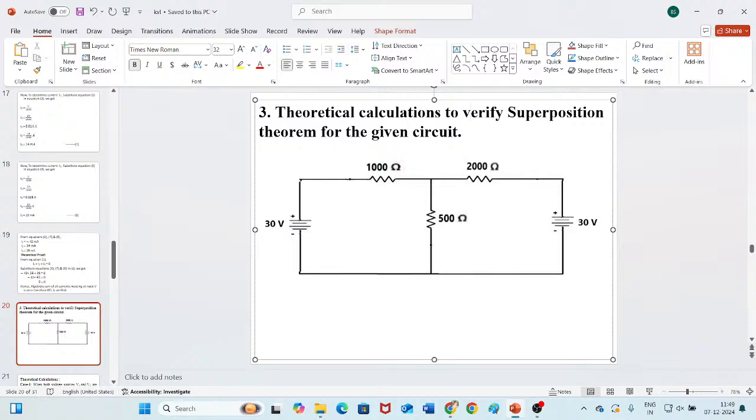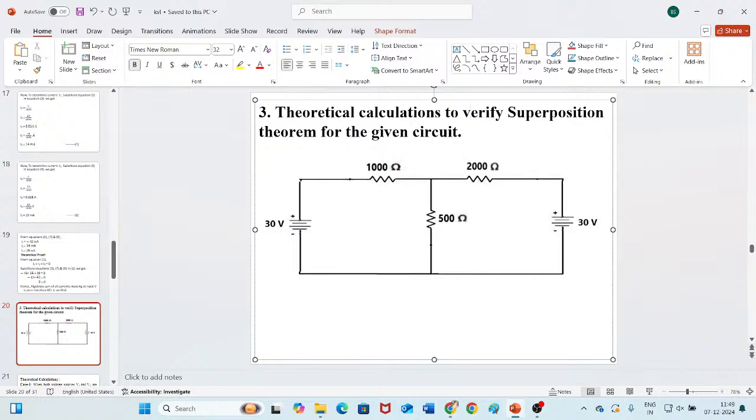To verify the superposition theorem, you can apply Kirchhoff's voltage law or current law, your wish. But today I am going to use Kirchhoff's voltage law.